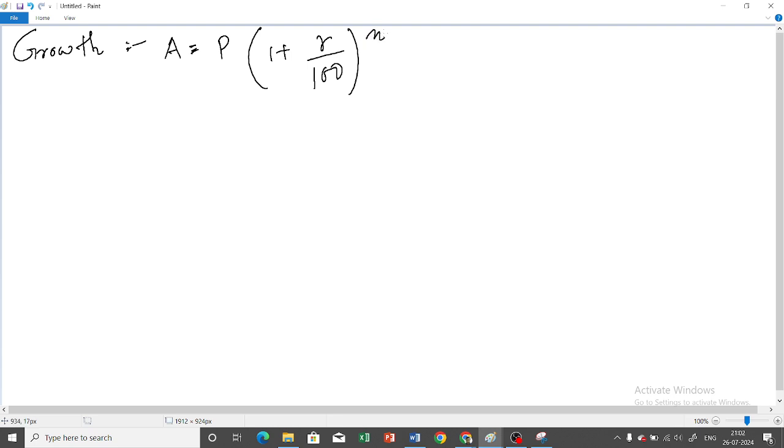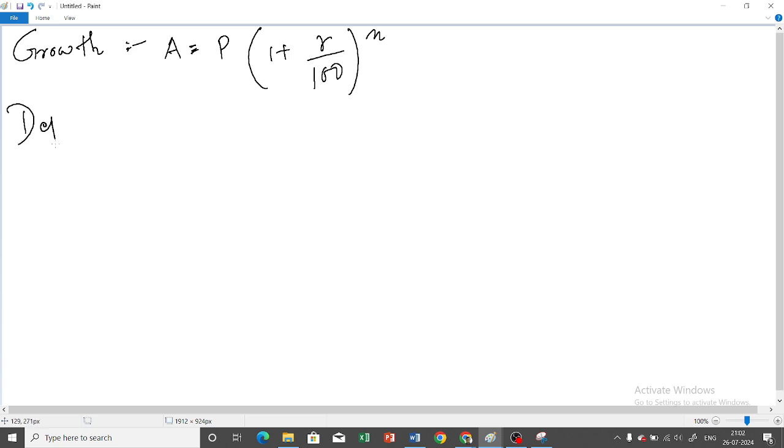A is equal to P into 1 plus R by 100 whole to the power n. This is for growth. You remember always growth is plus. That is where is growth.